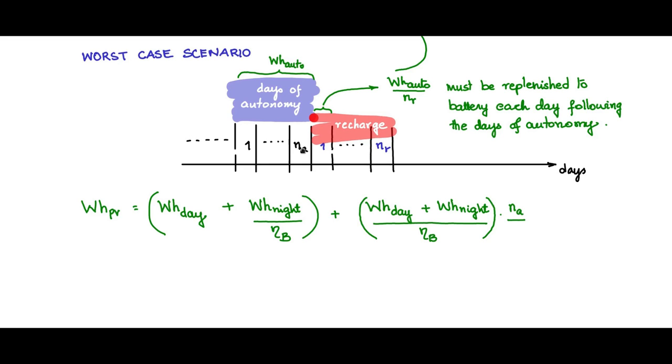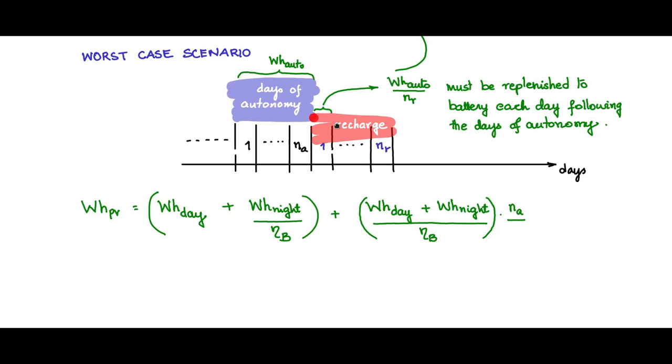So this would be the total power that has to come out of the battery when the PV is not participating due to poor light conditions. So these are the days of autonomy, and this equation here represents WH auto.